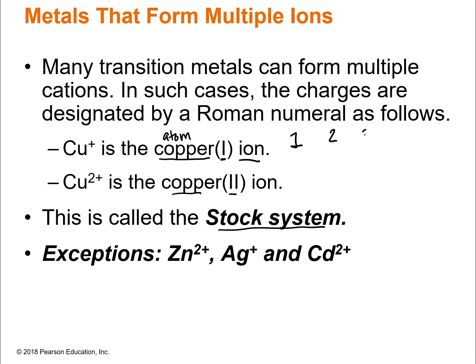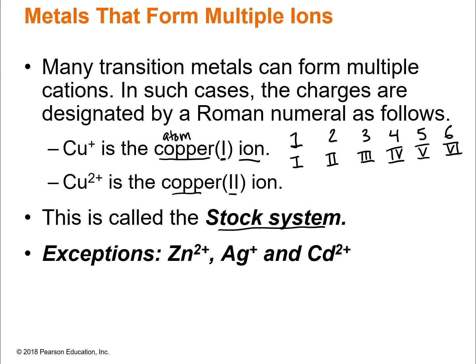Now, if you don't know your Roman numerals, that's okay. I will give you some. There's 1, 2, 3, 4, 5, and 6. And of course, again, there are exceptions.